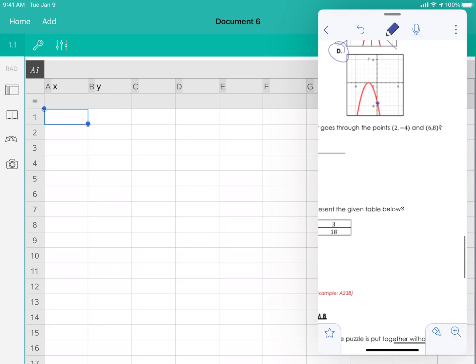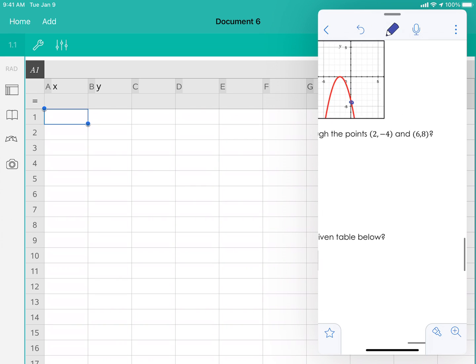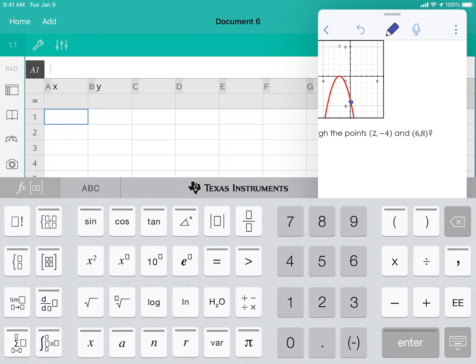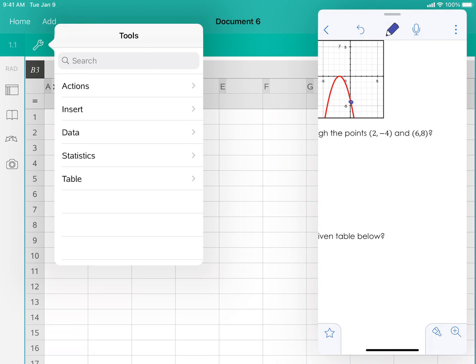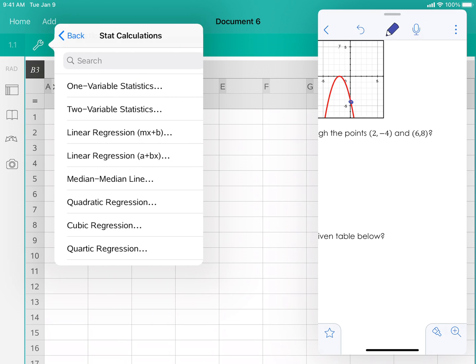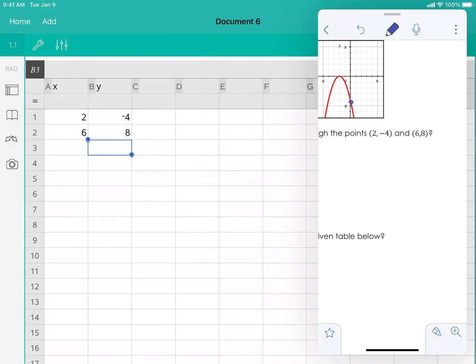So it says, what is the rate of change for a line that goes through these points? So I have 2 and 6 as x values, and the y value for 2 was -4, and the y value for 6 was 8. Then I go to menu, statistics, stat calculations, linear regression, mx plus b.